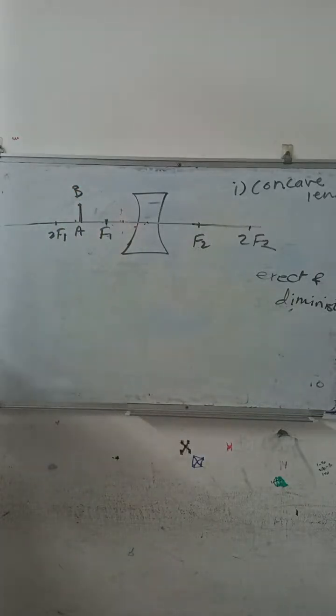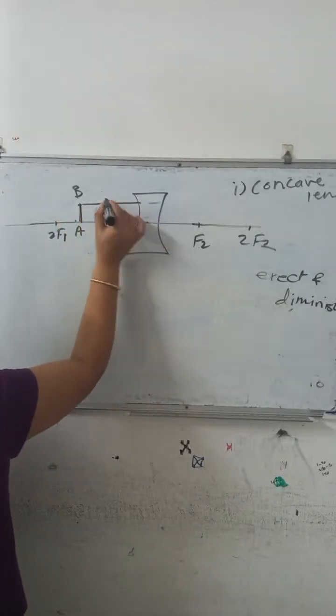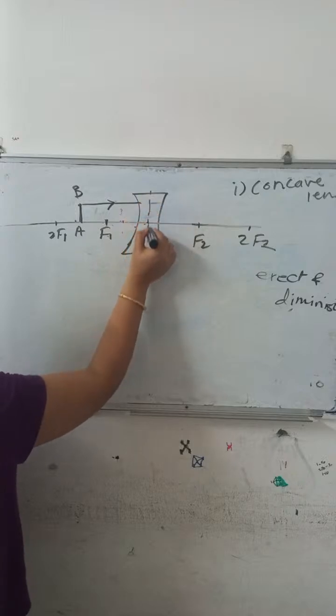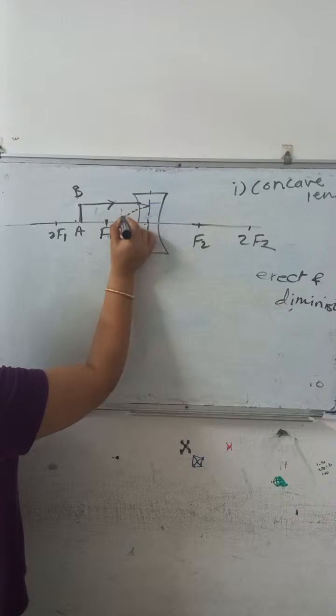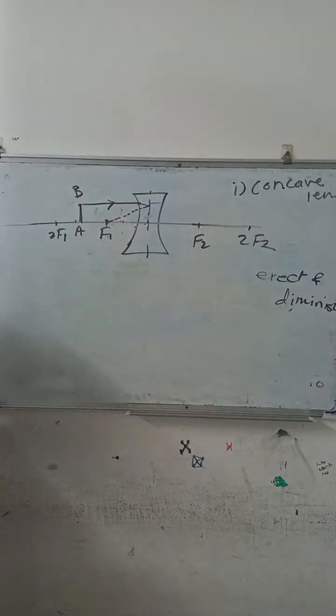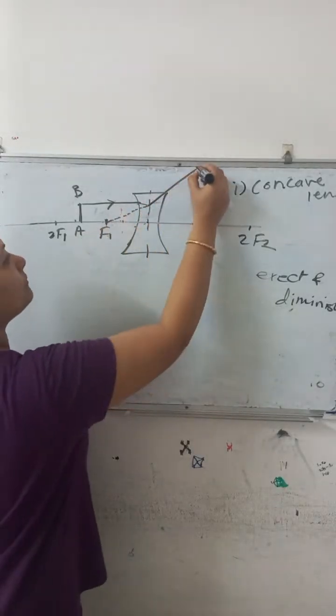First you have to pass the ray which is parallel to the principal axis. Okay, this is parallel. It gets refracted and appears to focus at point F1. From that point it comes out from this lens.